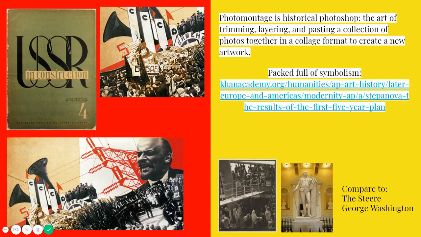This art piece is packed full of symbolism, and instead of going through it point by point, I have given you a link here that I encourage you to click on. This link is to a Khan Academy article, and within that article, it just goes through the symbolism of not only the colors, but all of the images that you see here, the historical reference, all of these things.